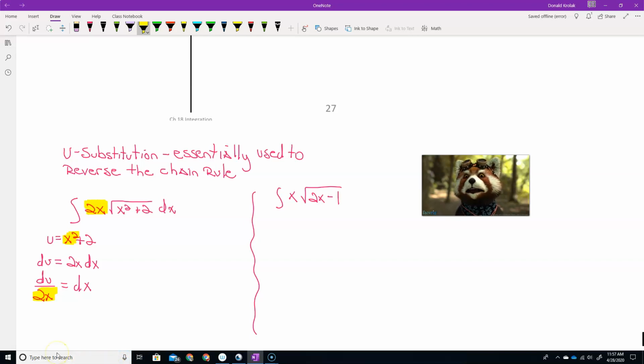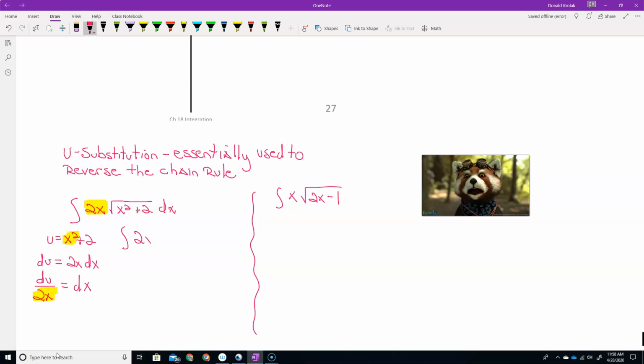So when I substitute these in, that 2x is going to cancel out, and I won't have mixed variables. I won't have a u in there along with an x. So let's go ahead and do that and see how this shakes out. I'm going to substitute.